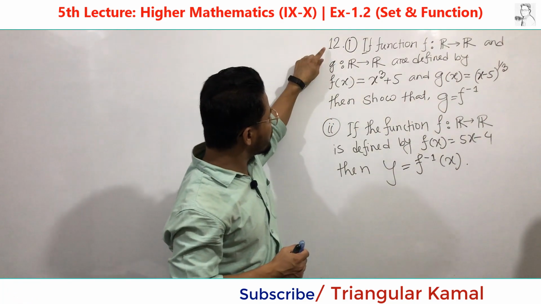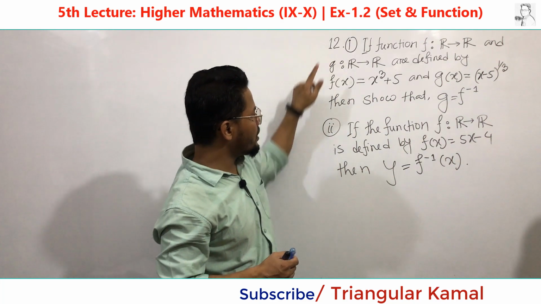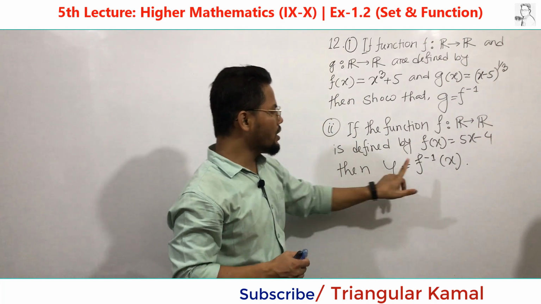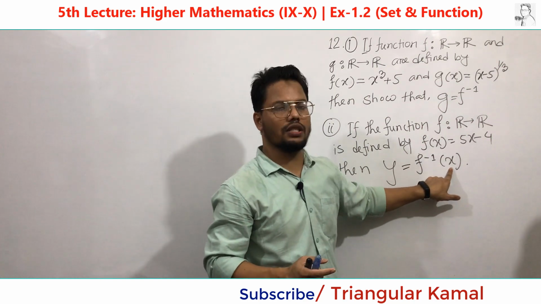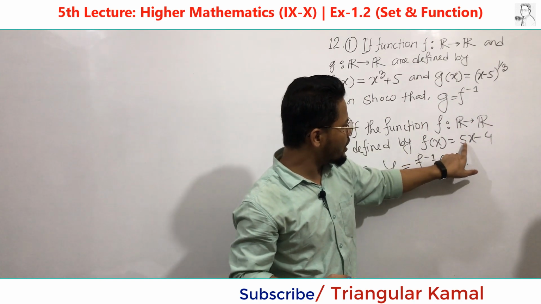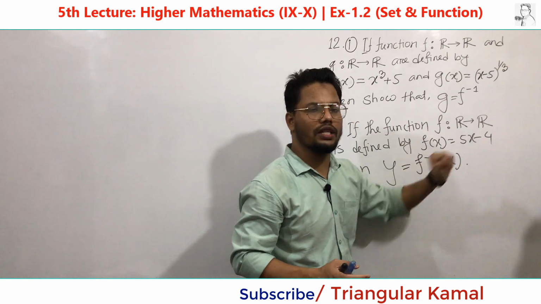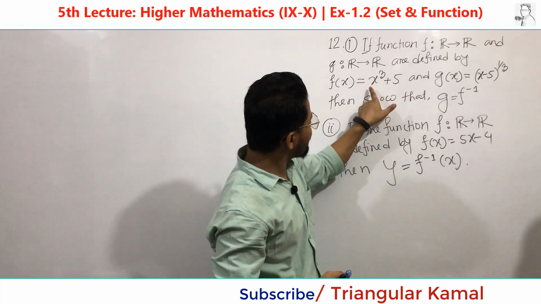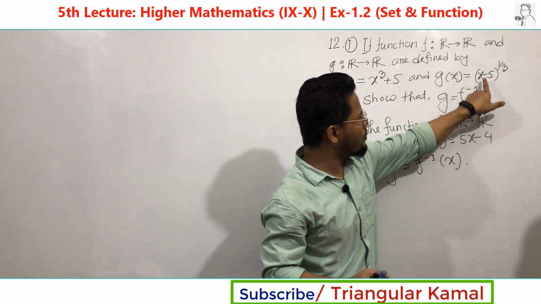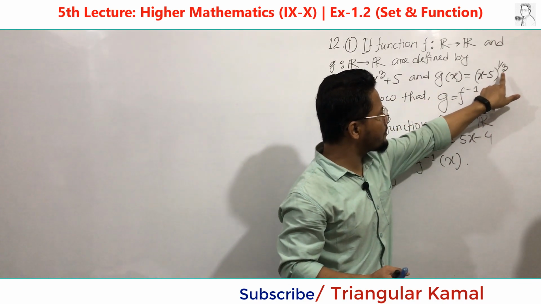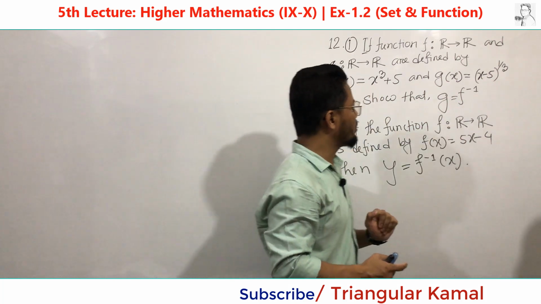There are two questions in 12, number 1 and number 2. Basically, these two questions have the same requirement: find the inverse function. The functions given are f of x equal 5x minus 4, and f of x equal x cube plus 5, and g of x is given here as x minus 5 to the power 1/3.